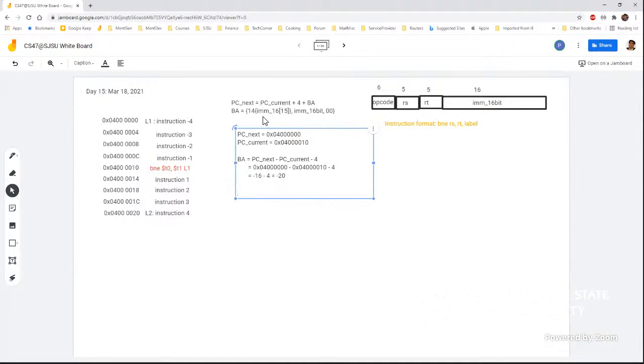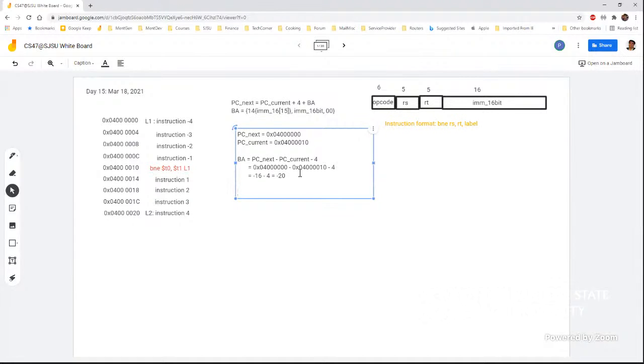Now you see, BA is basically a 32-bit pattern, which has to be the MSB extension 14 bits of the immediate 16-bit pattern, followed by that immediate 16-bit pattern, followed by 00.